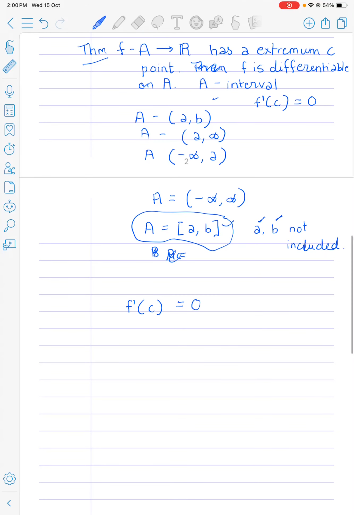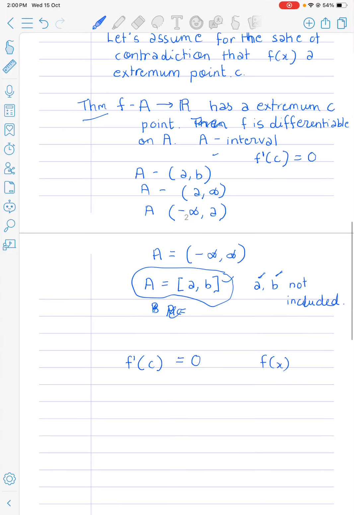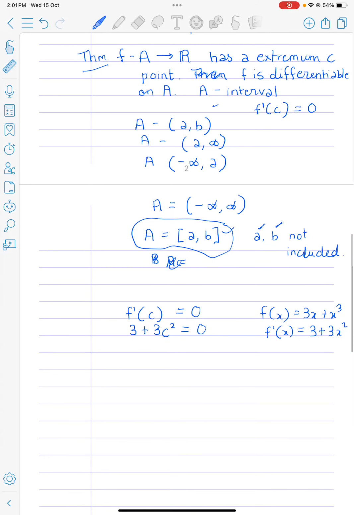What is f'(c)? Our f(x) is 3x plus x^3. f'(x) is equal to 3 plus 3x^2. So this one will be 3 plus 3c^2 equal to 0. Is this possible?